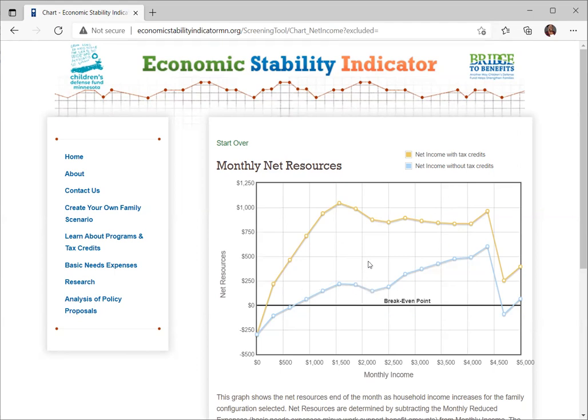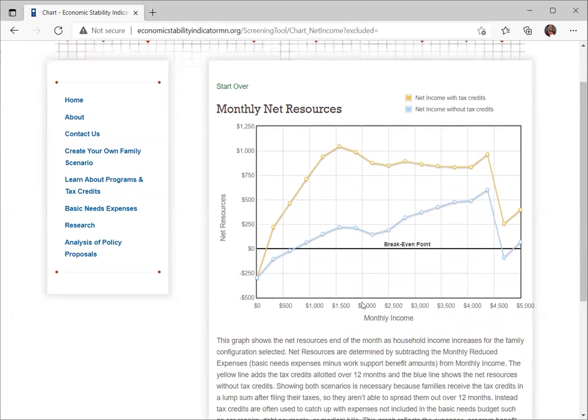So just to make that simpler, this is the income minus the reduced expense without tax credits. And this is the income minus reduced expenses with tax credits. So you see here the huge difference that tax credits make in a family's bottom line.